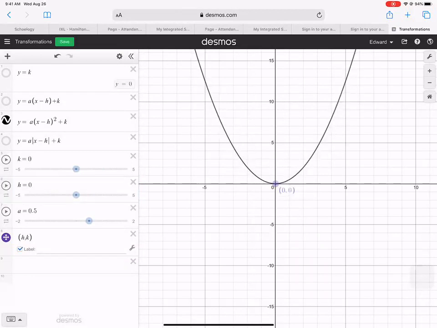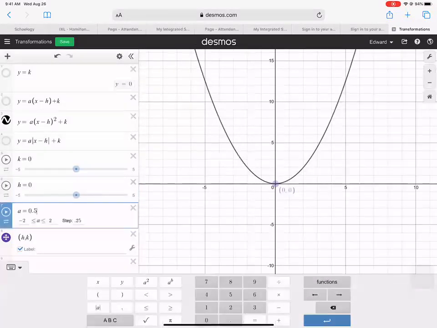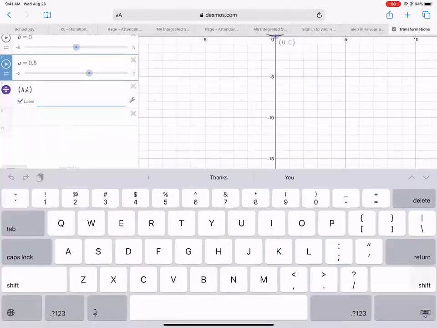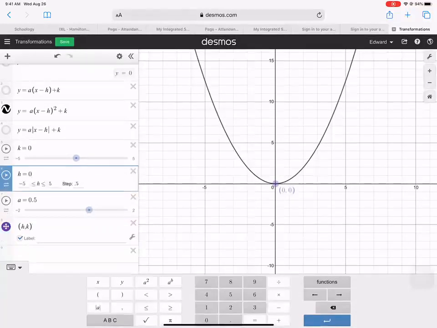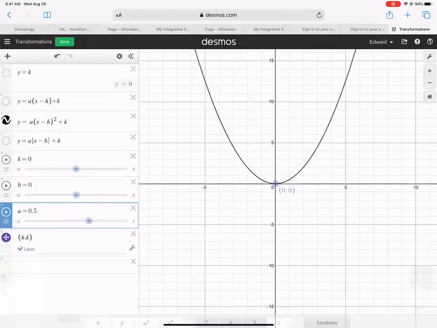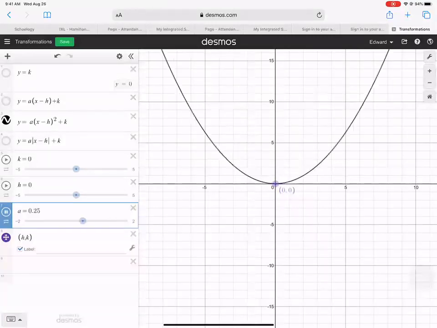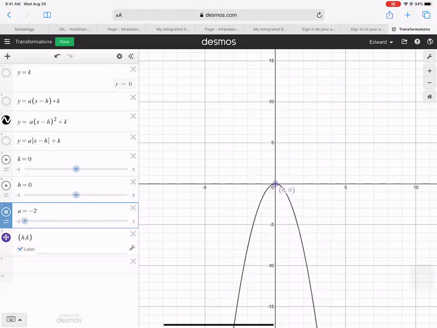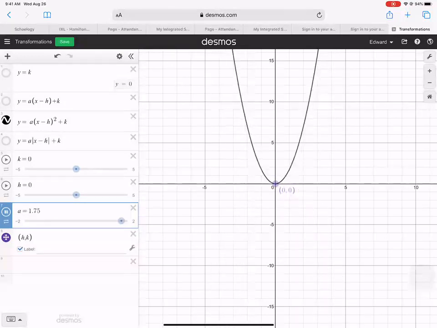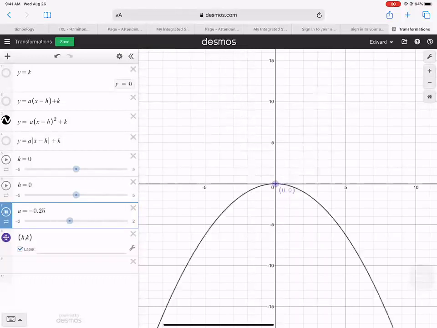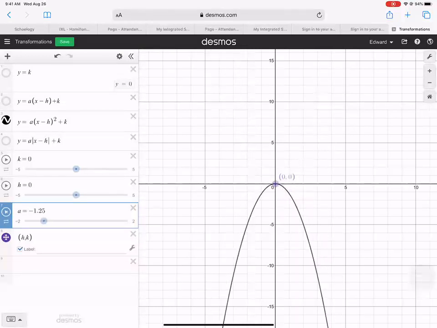Now, if I move my a value, that shrinks or stretches my graph. Now I want to pause here real quick. If you look at my a value, please look at my lower left-hand corner.